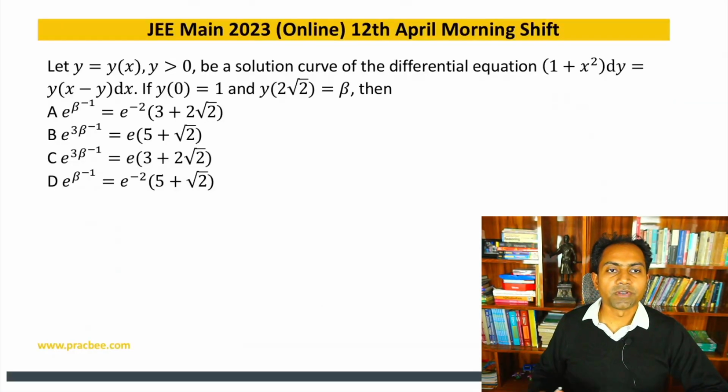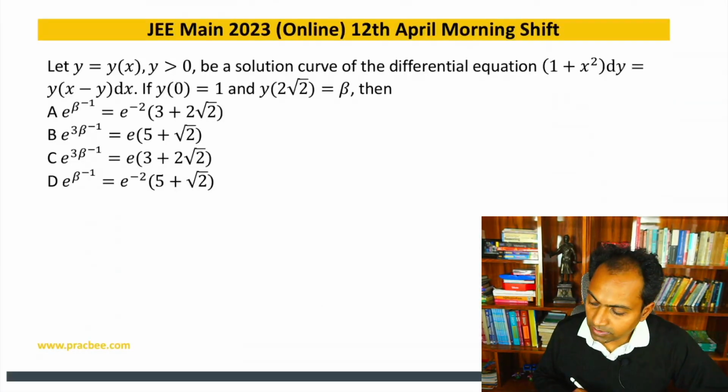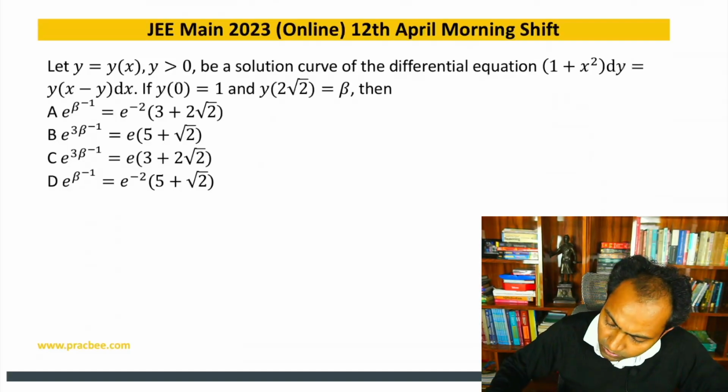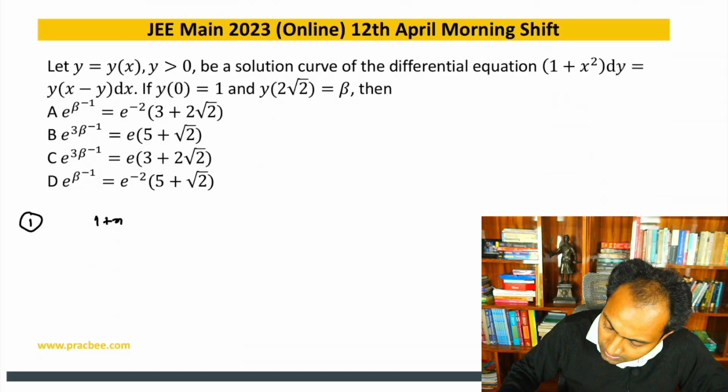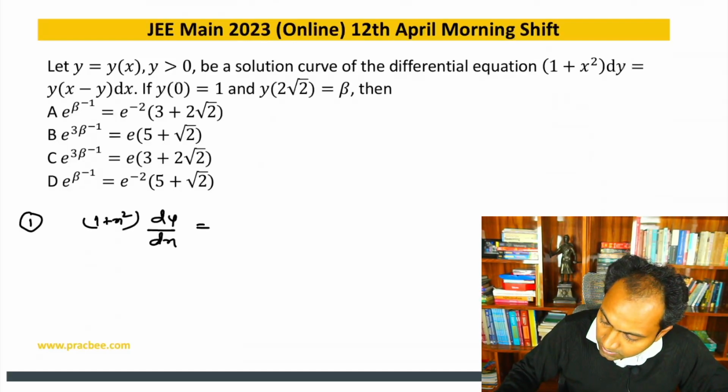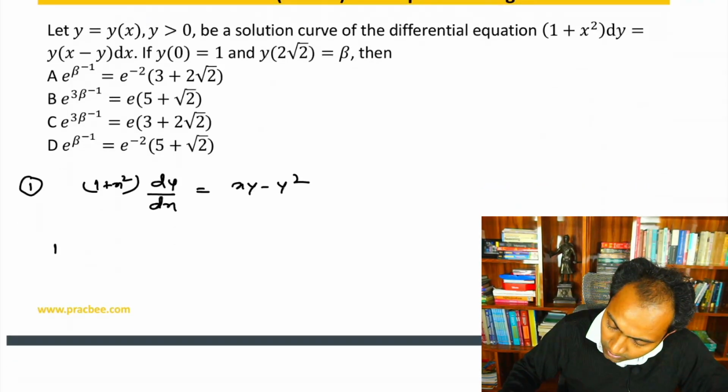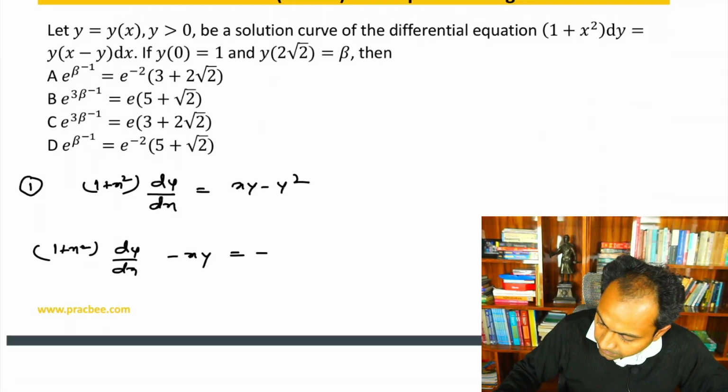Now this 2023 question is a typical example of a Bernoulli's equation, because if you simplify, you will be able to observe that what we have is 1 plus x square into dy by dx equal to xy minus y square. If I bring all the things to the usual places, I can write this as minus xy. So you can see that this part looks fine. Major problem is this y square.